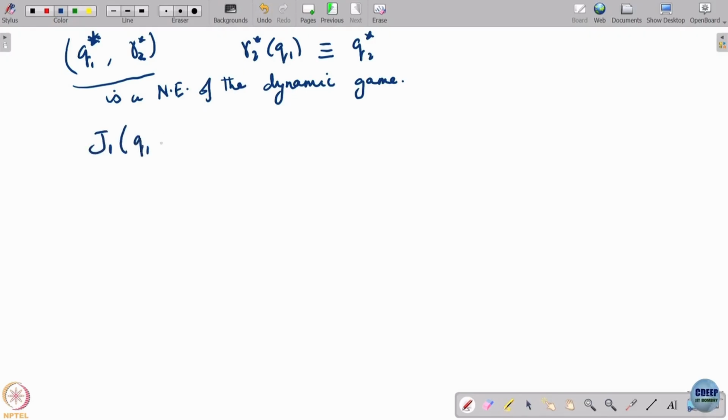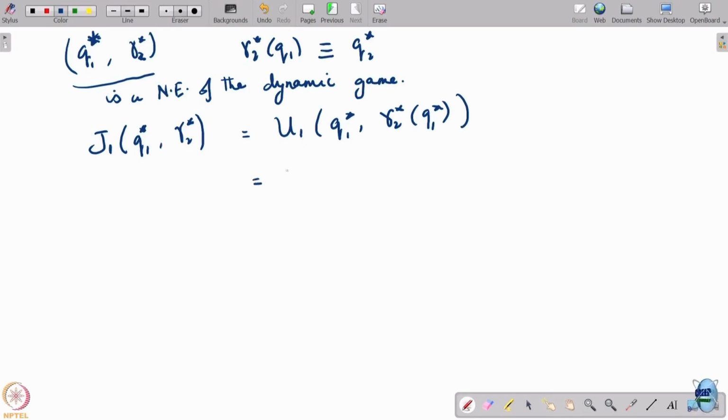Suppose player 1 plays q1 star, and player 2 is responding with the function gamma 2 star. Now what is the utility that he gets here? He is going to get the utility u1 of q1 star comma gamma 2 star of q1 star, right. But what is gamma 2 star of q1 star? Gamma 2 star is a constant function.